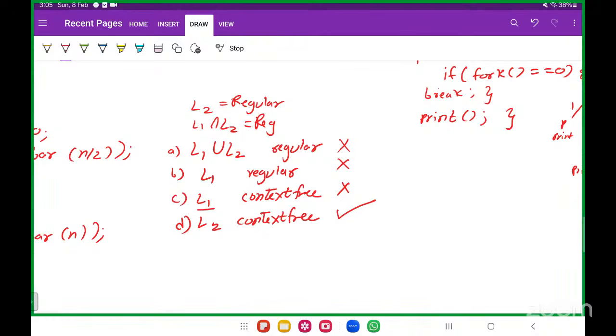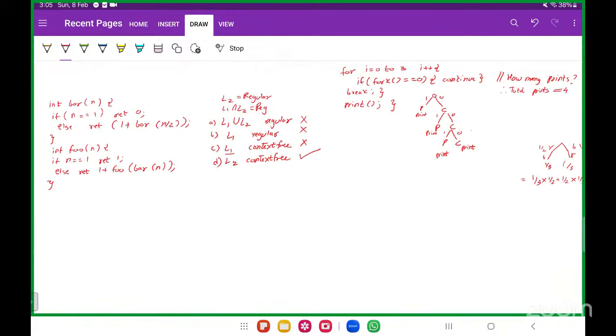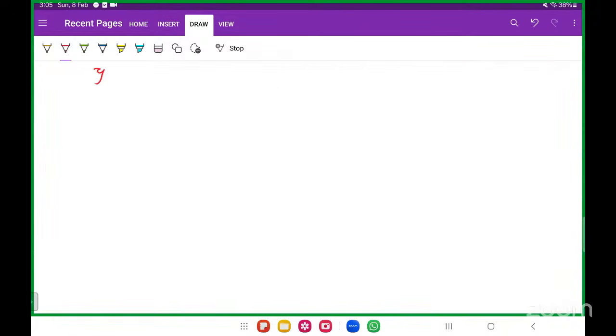Now what they have given: there is a path. Path means 7 edges, 8 vertices path you have. And what they have asked?